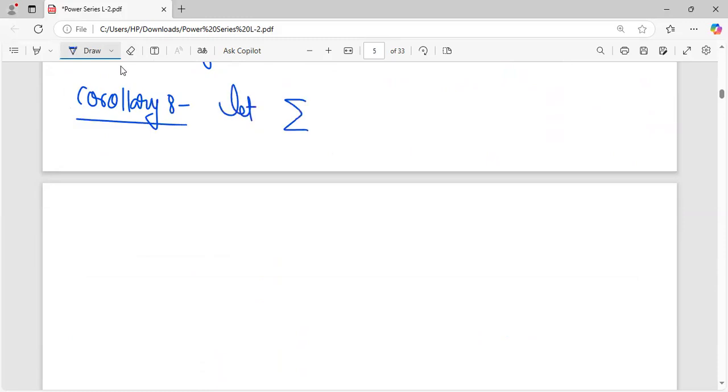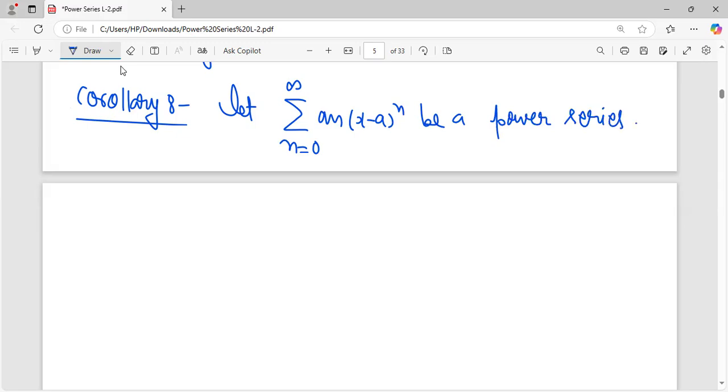Let the series summation n goes from 0 to infinity a n (x minus a) to the power n be a power series.